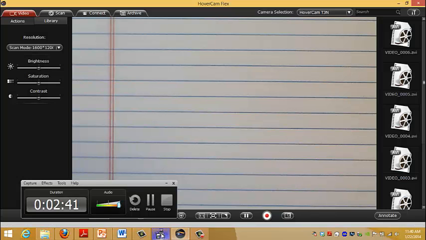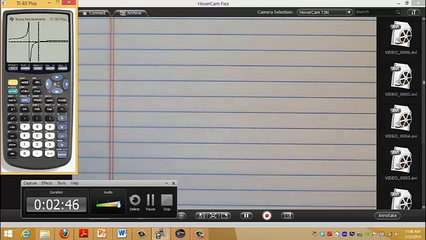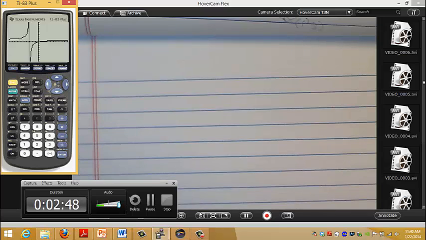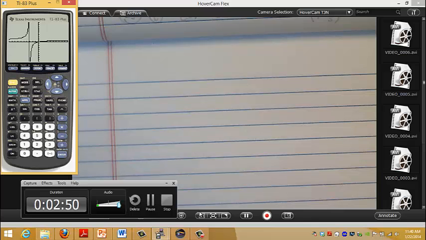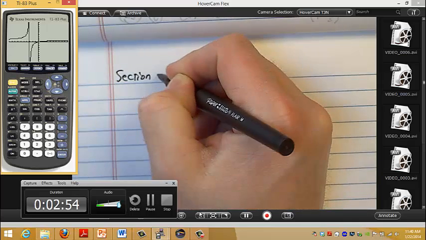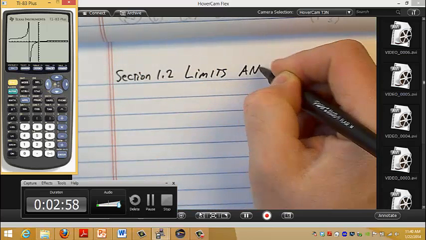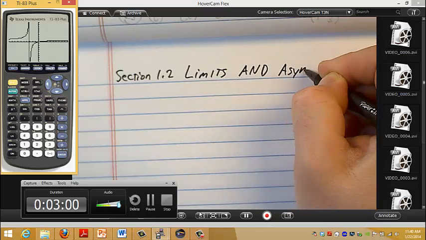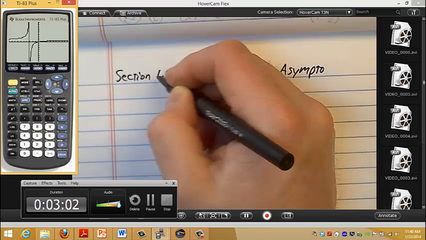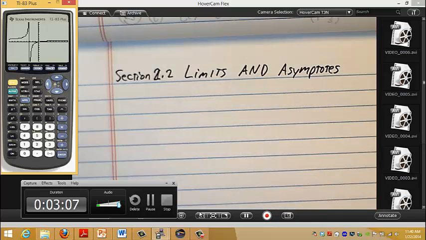So let me punch up the paper here, and we're going to compare to the graph and kind of see what we learn. Okay. Limits and asymptotes. Section 2.2.